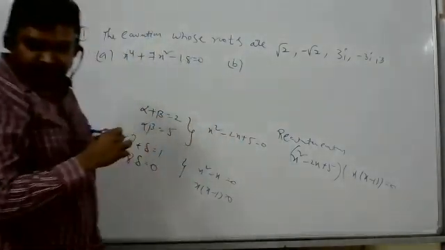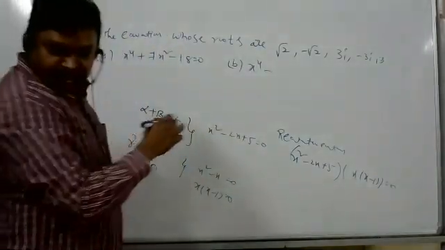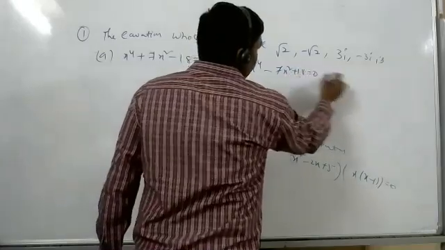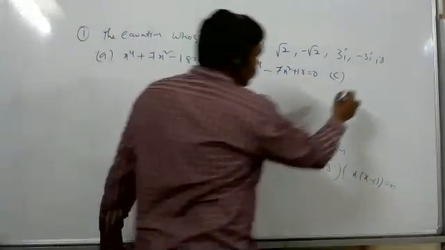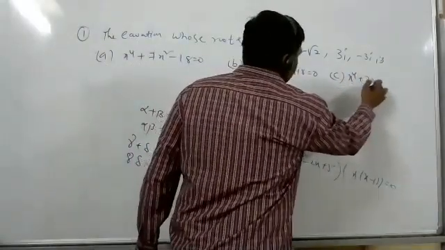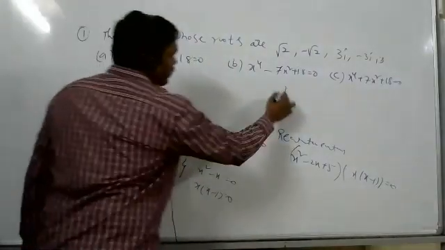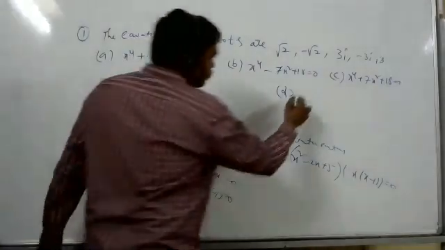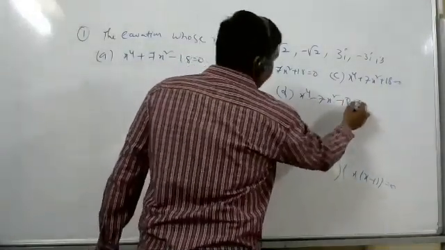Option B, x power 4 minus 7x square plus 18 is equal to 0. Option C, x power 4 plus 7x square plus 18 is equal to 0. Option D, x power 4 minus 7x square minus 18 is equal to 0.